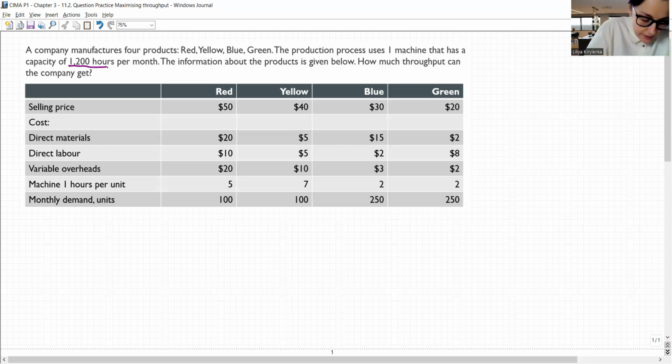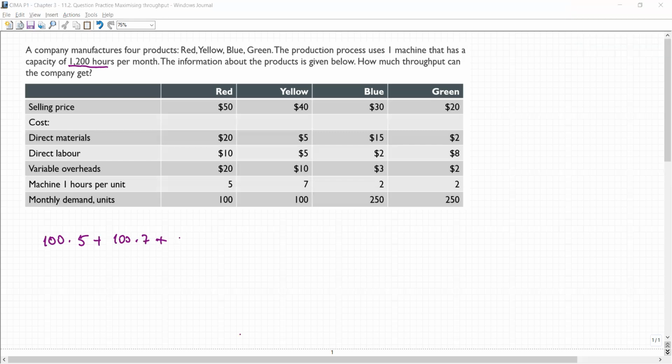Well, that would be 100 units of product red, which requires 5 hours of machinery, 100 units of product yellow, which requires 7 hours of machinery, and 250 units of blue require 2 hours of machinery, and 250 of product green would require 2 hours to produce each unit of this product.